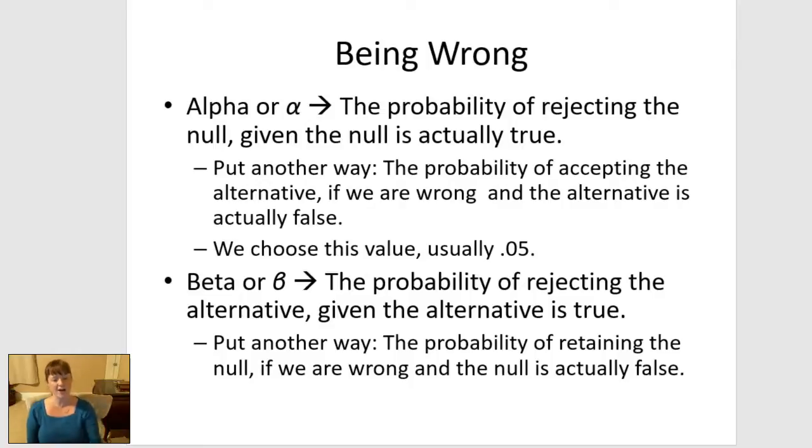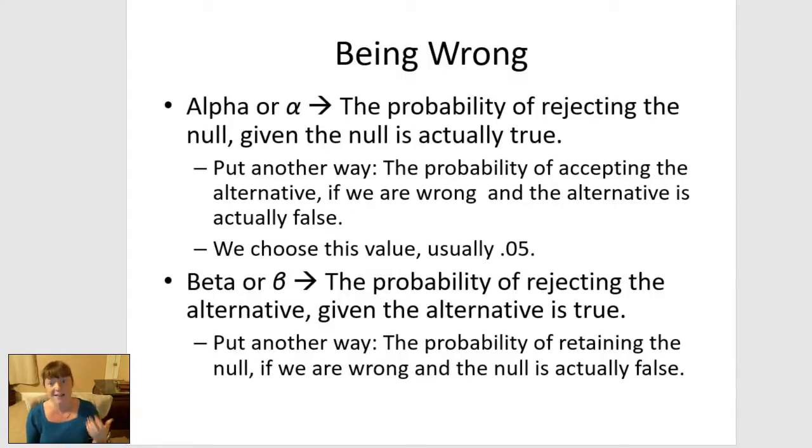And if you think about it, the null is this super boring thing. It's saying that the averages are not different. And they very well could be. The null could be true, right? This null hypothesis sampling distribution could be the right one. But if you find anything in alpha, you're going to reject the null anyway.